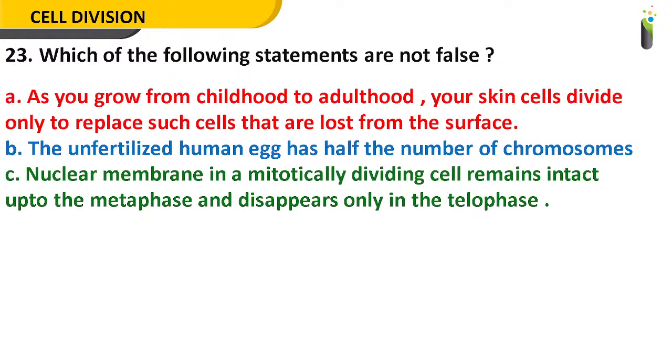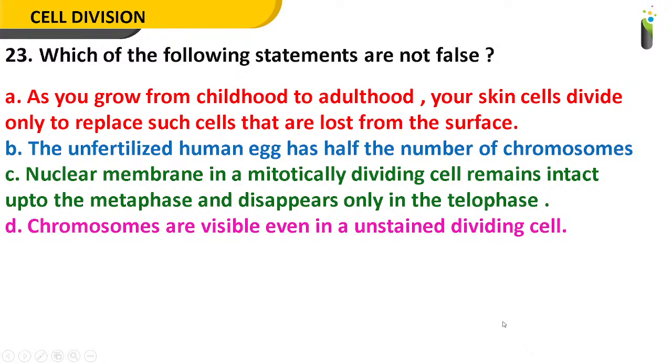C. Nuclear membrane in a mitotically dividing cell remains intact up to the metaphase and disappears only in the telophase. D. Chromosomes are visible even in an unstained dividing cell. Not false, that is a true statement.